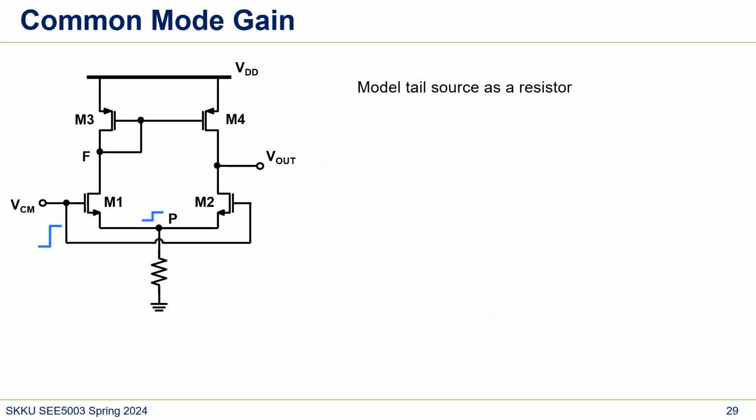So we model the tail source as a resistor here, which is RSS. And the analysis will be a lot easier if we have symmetry.